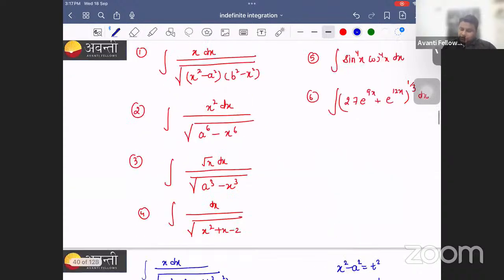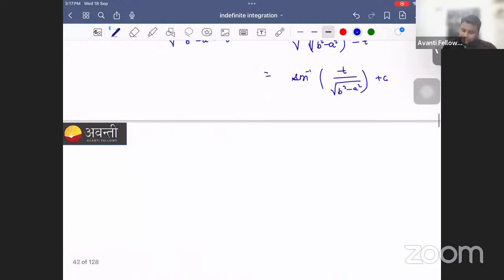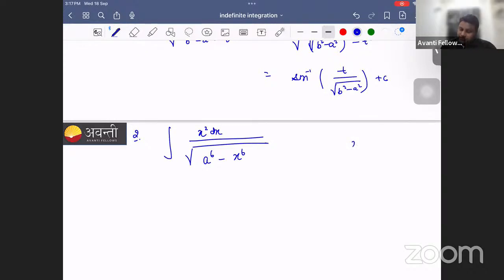Now next is integration x square dx upon under root a to the power 6 minus x to the power 6. Now if you realize, the numerator is having x square. So in the denominator, if I take x cube as t, its derivative is there in the numerator. If x cube is t, then 3x square dx will come out to be dt.